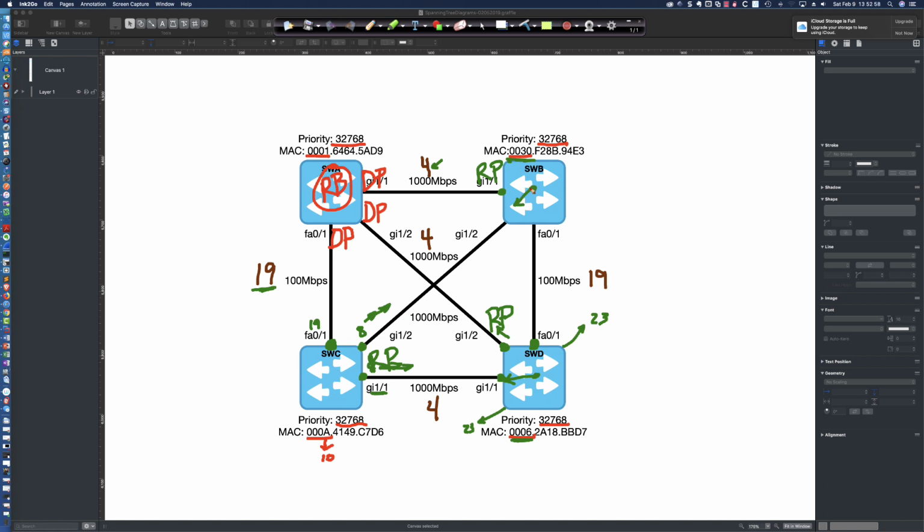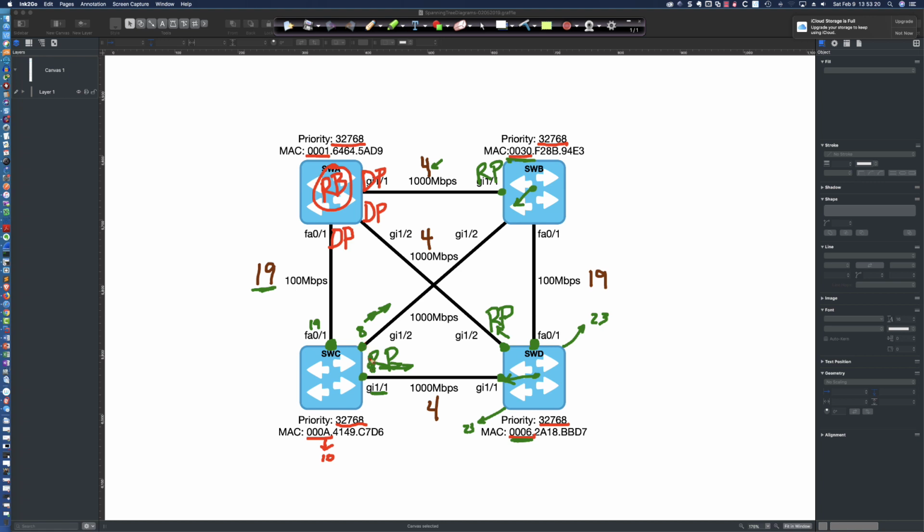On switch B, that was pretty easy. It's the directly connected link at a cost of 4. There's my root port. On switch D, same thing, directly connected port with a cost of 4. Lowest root path cost, that's my root port. On switch C, we figured out and calculated the cost, but we had the same values for 2 different paths.